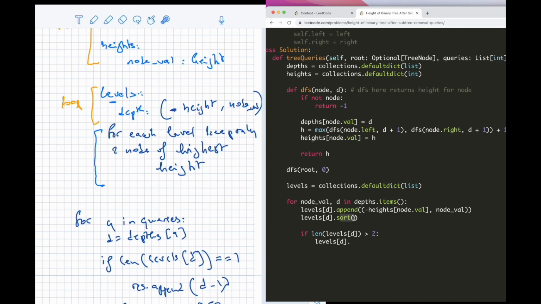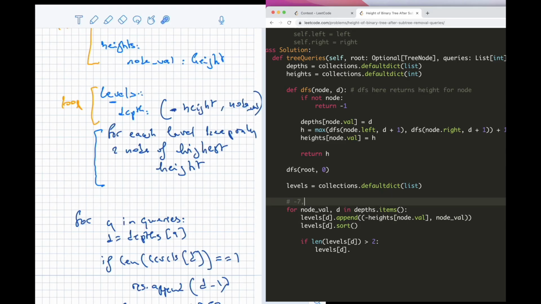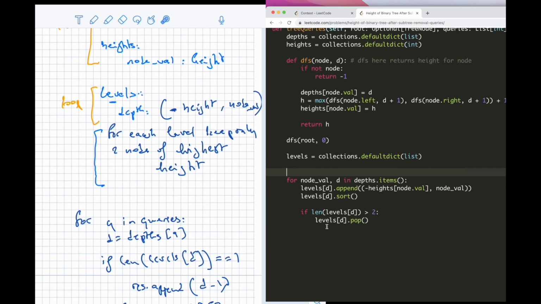And since we are sorting, right, the last one would be the smallest because of the minus. So let's say if we have -7, -6, -5, -4, okay, more than 2, so what will pop do? Pop will remove -5. -5, even though it's the larger in terms of negative value, is actually the smallest in terms of positive height, right? And so we want to remove this one. And so that's what we do with pop, is remove the last element.